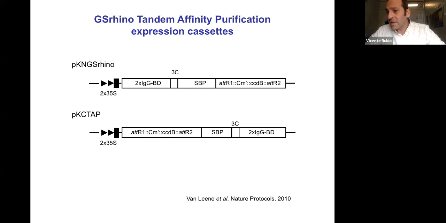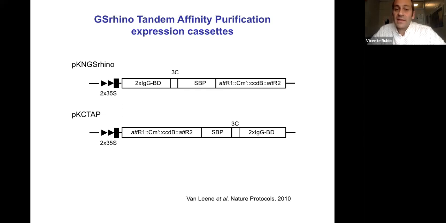We have found that this is important. In some cases, just by making a fusion to the wrong side of the protein, you can impair completely the interaction with other proteins, because maybe it is blocking the formation of the right complex of that protein.